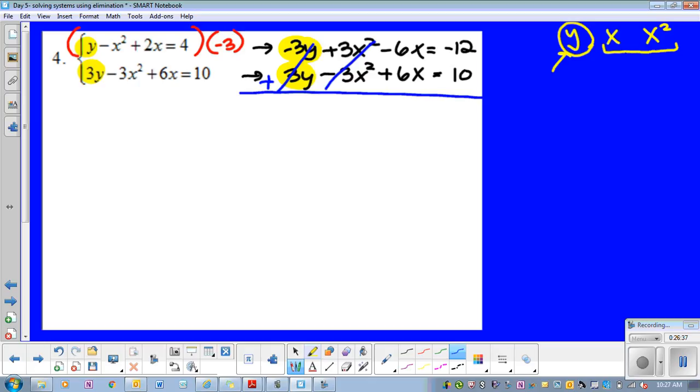They cancel. So everything on the left-hand side canceled equals, what's negative 12 plus 10? Negative 2. So what's left on the left-hand side? 0, good. If everything canceled out, then you have 0. Wait a minute, does 0 equal negative 2? Good, wow guys, this is false. So this is no solution, good.